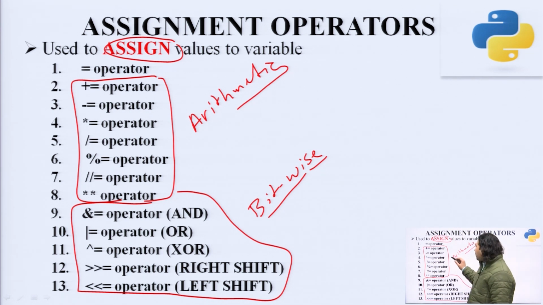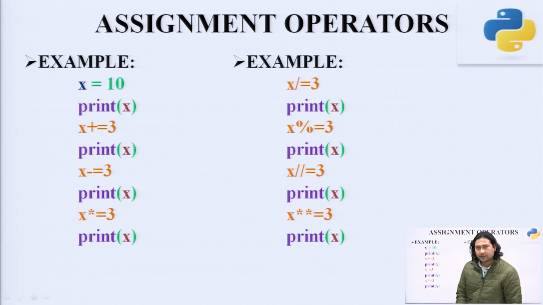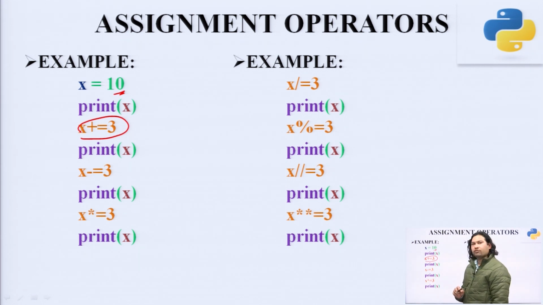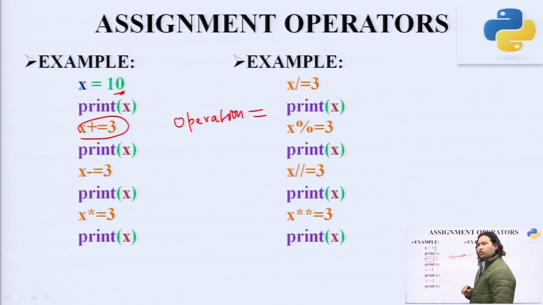Just look at how we are going to put the variables in the assignment operators. Now, this is the example. Here again the variable holds the value 10, and look at the very first operation, x plus equal to 3. That means whatever operation you want to perform, you should put that operation first, followed by the assignment operator.